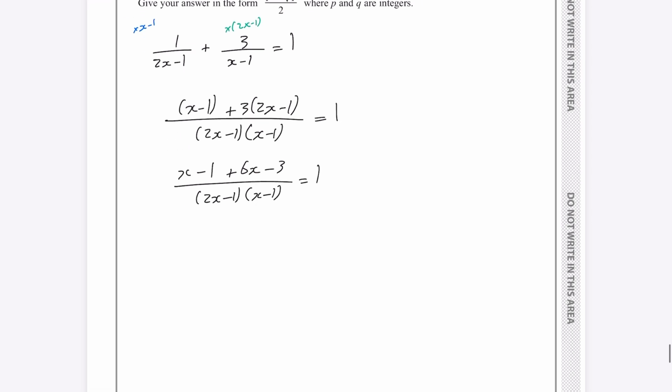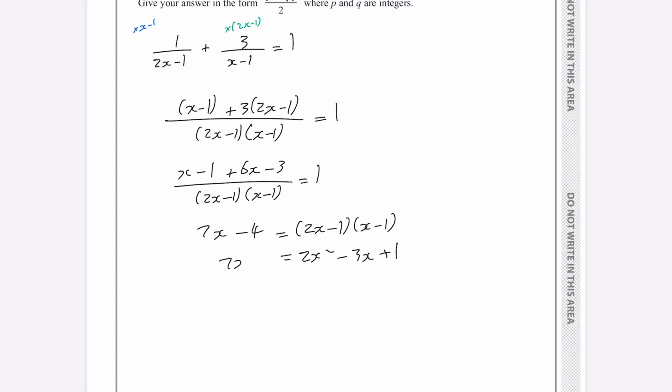So if I collect the like terms at the top, we have 7x minus 4. And then if I move the denominator over to the right, I'm left with 2x minus 1, x minus 1. If I expand that out, that'll become 2x squared minus 2x minus x, which is minus 3x plus 1.